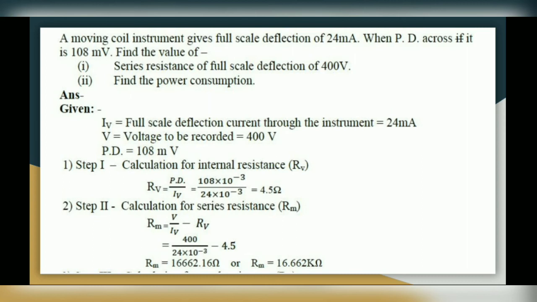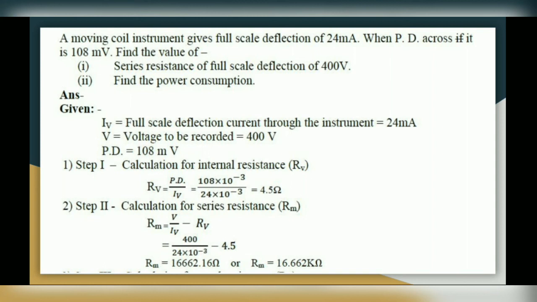Next step is calculation for series resistance, that is Rm. The formula for Rm is V upon Iv minus Rv, and in the numerical the value of V is given, that is 400 volt. So put this value of V, 400 volt, divided by the value of current, which is 24 milliampere, so 24 into 10 raised to minus 3, minus the value of internal resistance Rv, which you have calculated earlier, is 4.5.